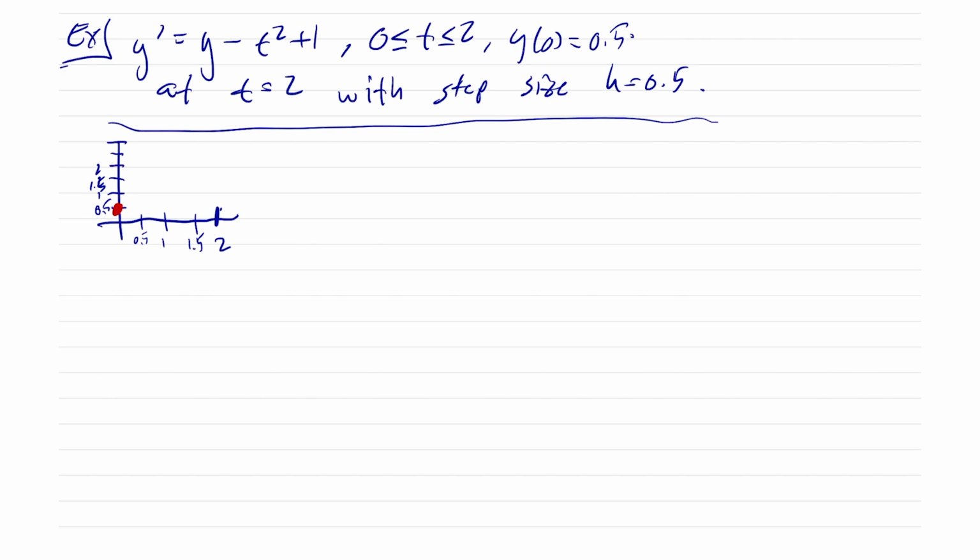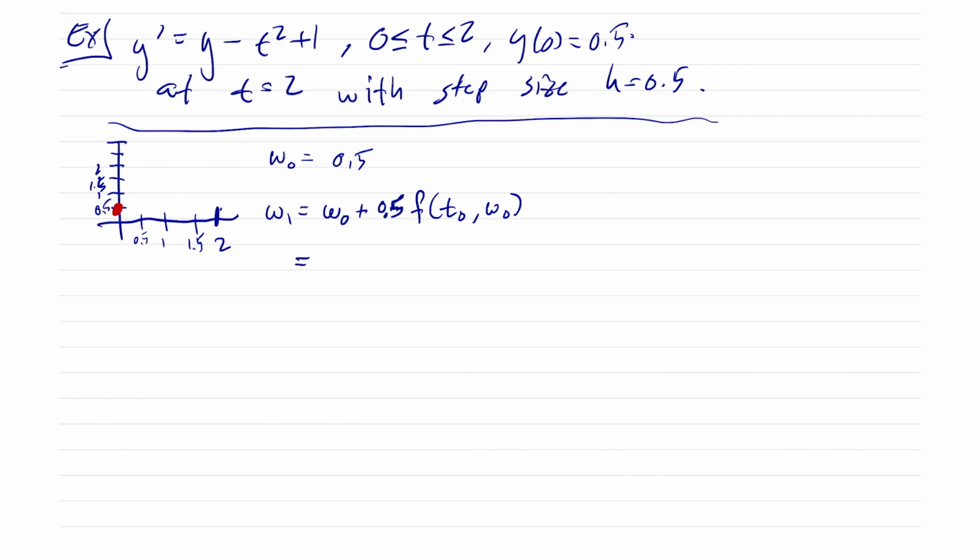Well, we know w naught is already 0.5, and then w1 has to be w naught plus 0.5 times f at t0 comma w0, right? So we use the current information that we have in order to make a guess at the next one.